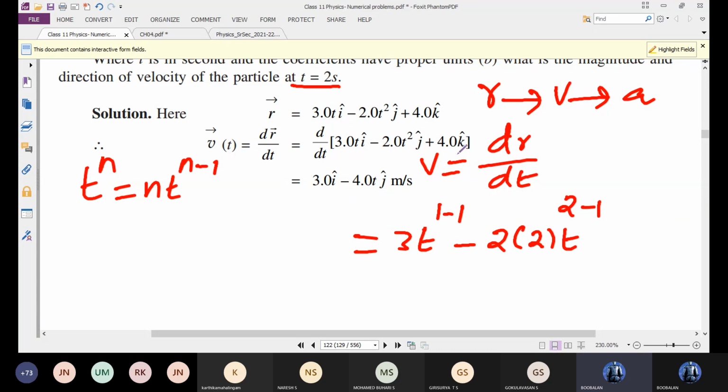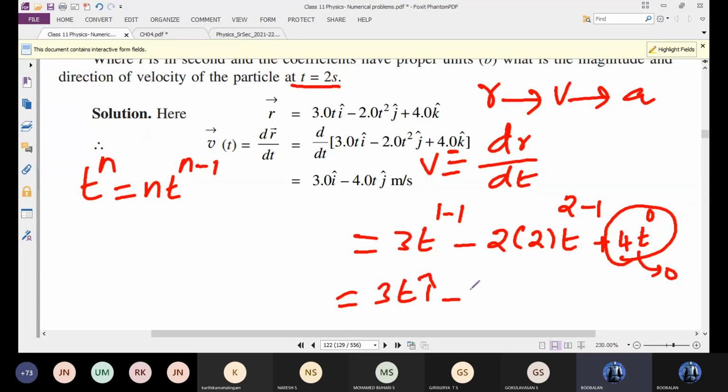For the last term there is no t, so it is considered t power 0, and the value is 0. So you will get 3 I cap minus 4t j cap meter per second. So this is the velocity. V is equal to 3 I cap minus 4t j cap meter per second.